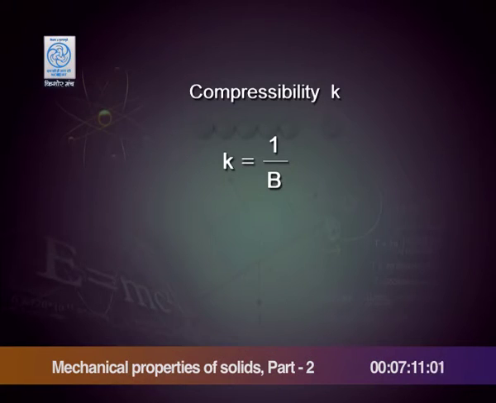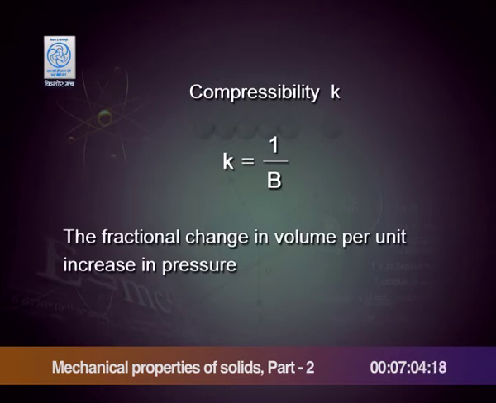But there is no such straight relationship between bulk modulus and Young's modulus as we had seen in the case of shear. Compressibility is another very important value, and that is 1/B. It is the fractional change in volume per unit change in pressure. These are some of the moduli that we consider for solids.